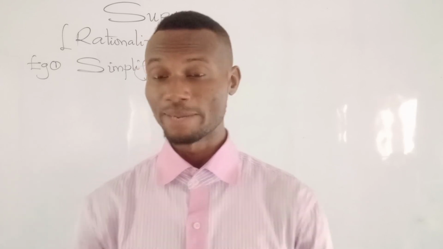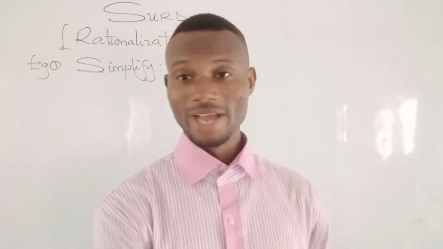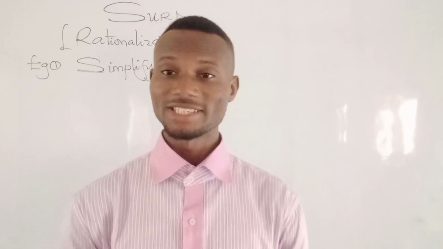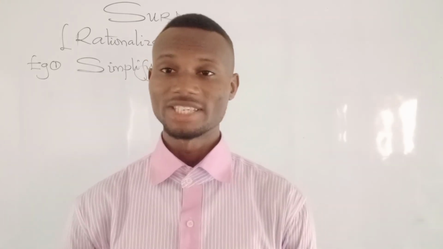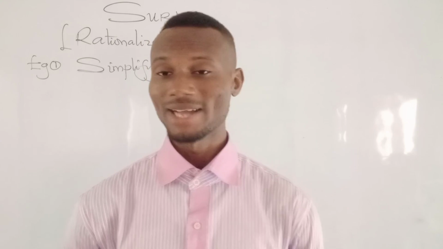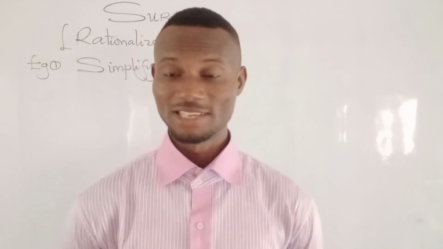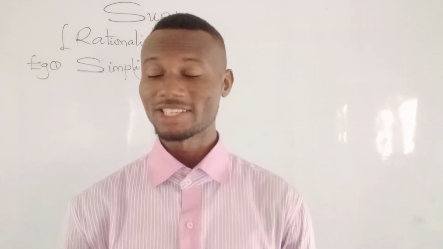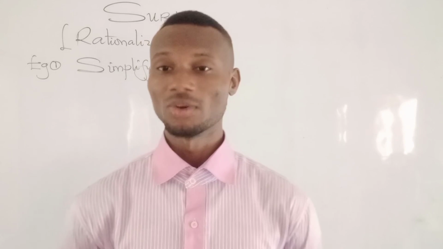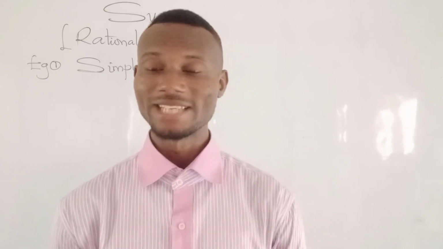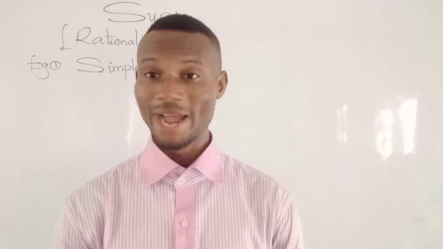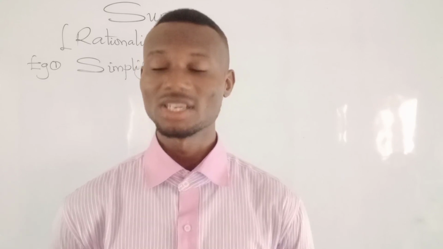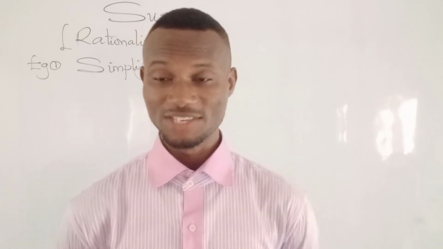That is what we did in the previous videos. All the examples that we solved, the denominator was just a single term. But in this video we are looking at a situation where we are given a fraction to rationalize, where the denominator contains two terms, or the denominator is a binomial expression. That's what I want us to look at in this video.